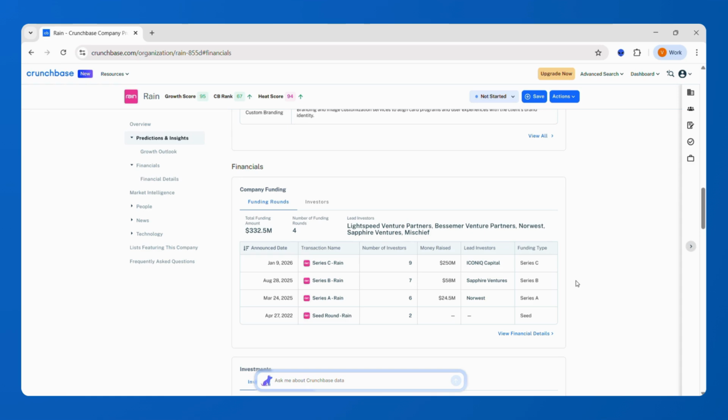Because when we talk about funding data, we miss out on answering three critical questions. One, is the company entering the scale phase or not? Two, will their budgets unlock in the next 3 or 6 months of getting that funding? Three, are they likely to invest in new vendors? So these are the three most important questions that a GTM team needs to ask when they see the funding data.